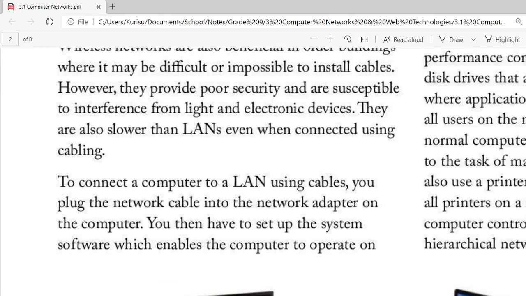Alright, so lastly, let's look at a simple configuration. Narendra, can you read for us?